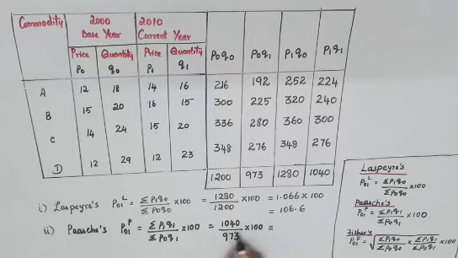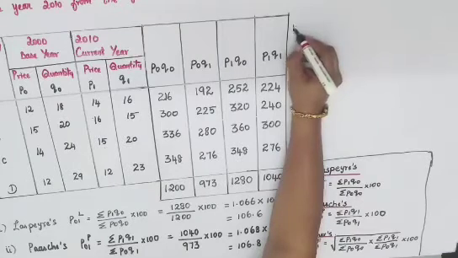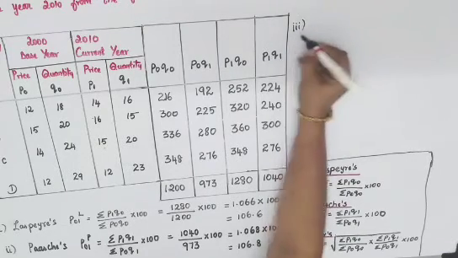Dividing 1040 by 973, you will get 1.068 into 100, which is equal to 106.8. Next, the third one is Fisher's.